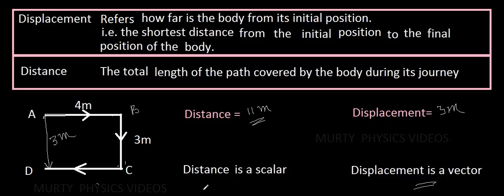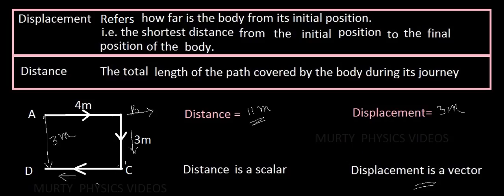What about the direction? When it is traveling from A to B, it is towards east. When it is moving from B to C, the direction is downwards. When it is moving from C to D, its direction is towards left.